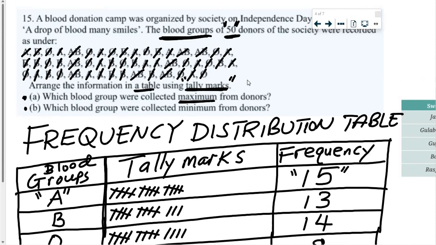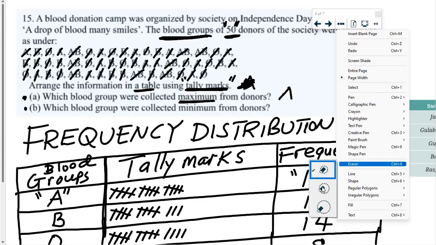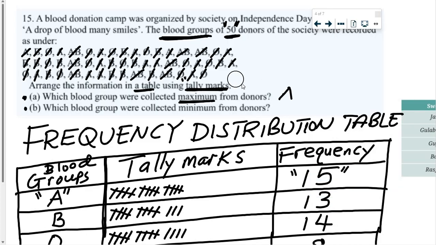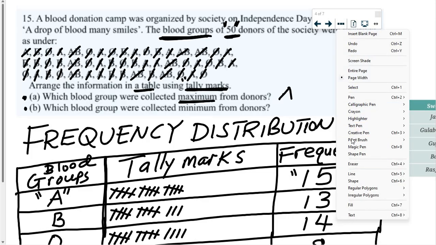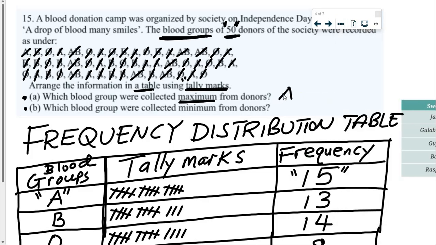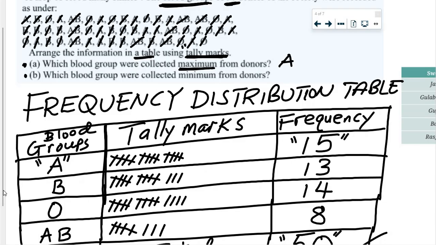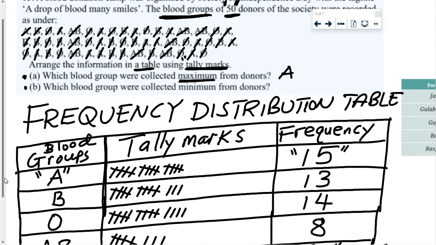Blood group A. So just write here, blood group A.